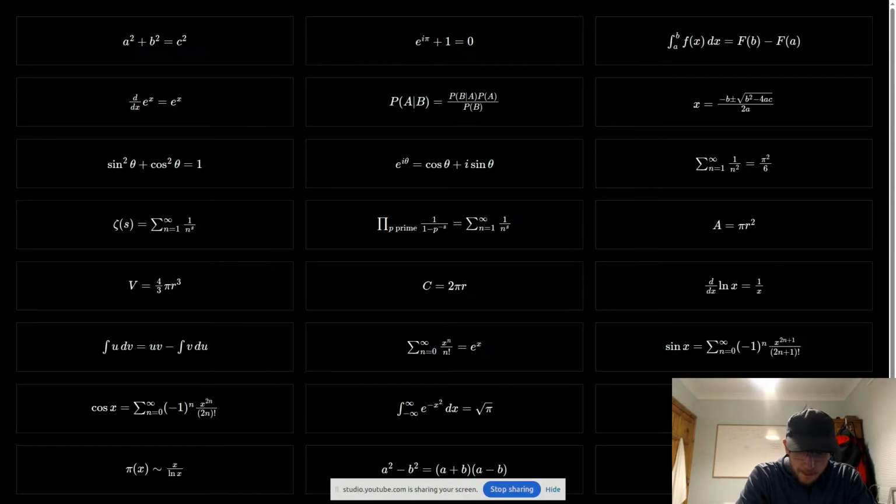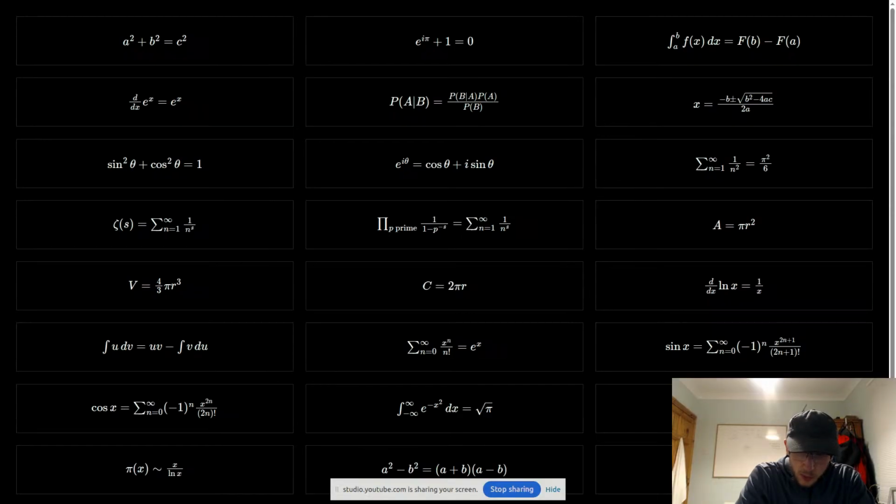Now, for a regular polygon with n sides that's inscribed in a circle of radius r, we have an expression for the area of this polygon. It's 1/2 times n times r squared times the sine of 2 pi over n.